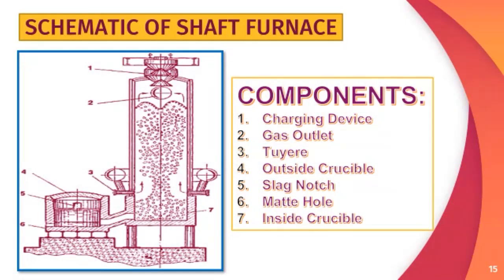The smelt is tapped through an outside crucible or directly from the inside crucible to a forehearth for the stripping of the slags. The forehearth is often equipped for electrical heating. Next slide, please.